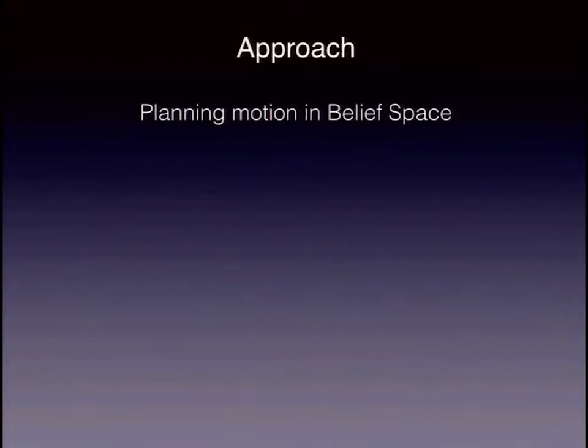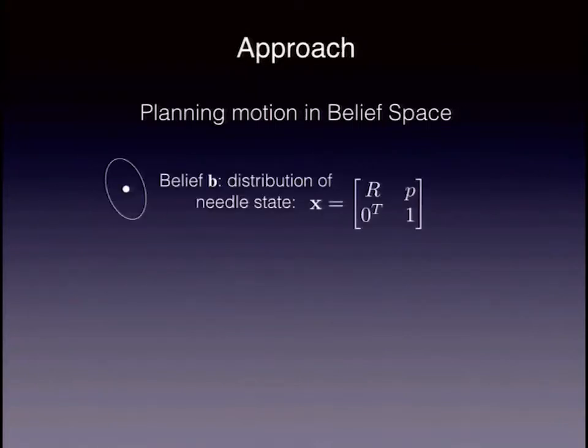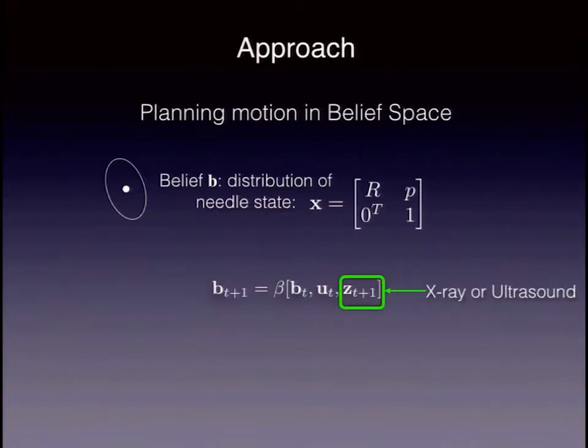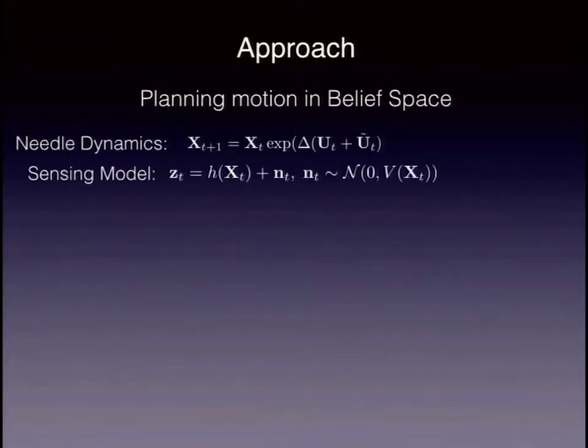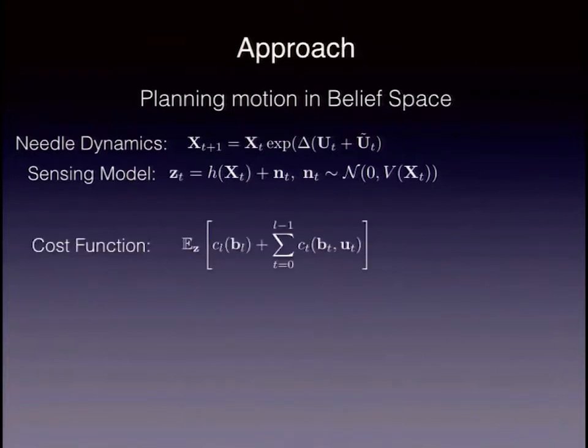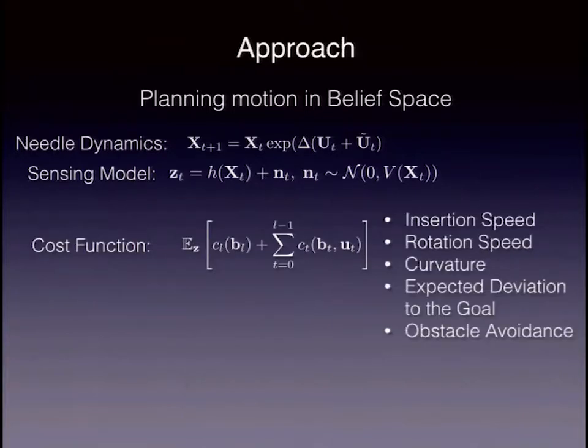So the approach is planning in belief space, and as you know, we can always use a Bayesian filter to keep tracking the belief, and in our work we use a Gaussian distribution to model the belief states. Given the dynamics and sensing model that can later be used to model the belief dynamics, and also the cost functions that could encode things like needle insertion speed, rotation speed, and obstacle avoidance, the goal is to compute a control policy in belief space.